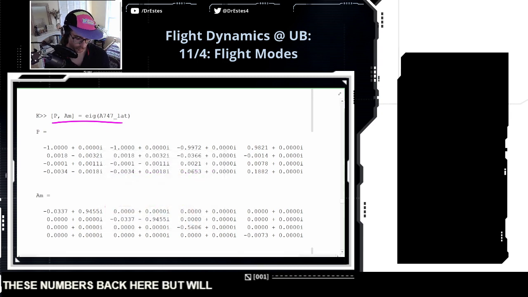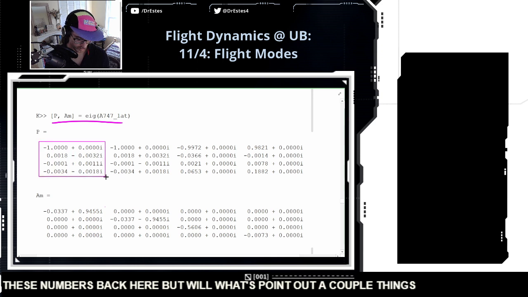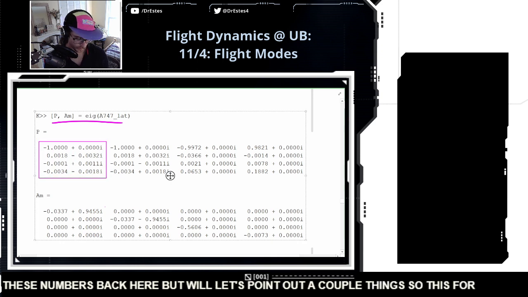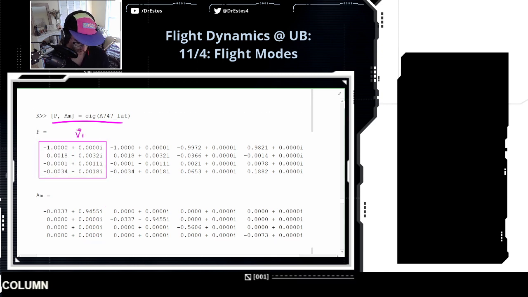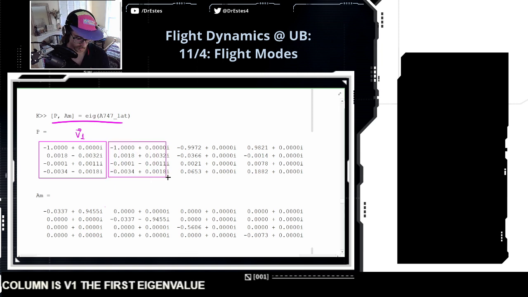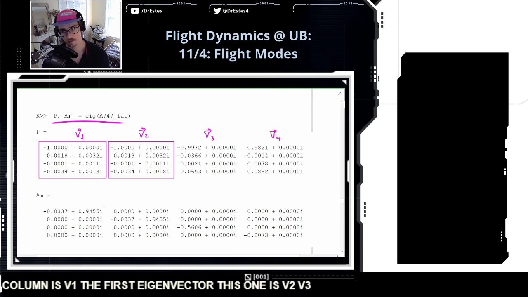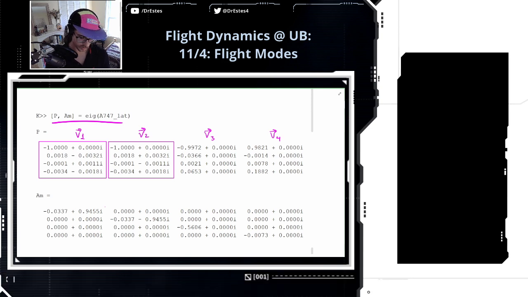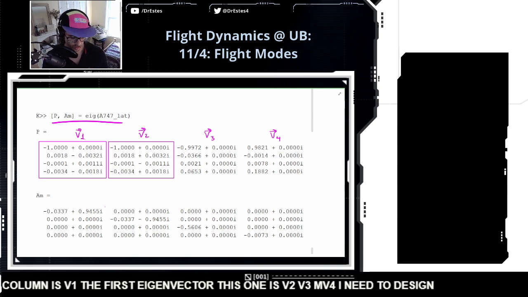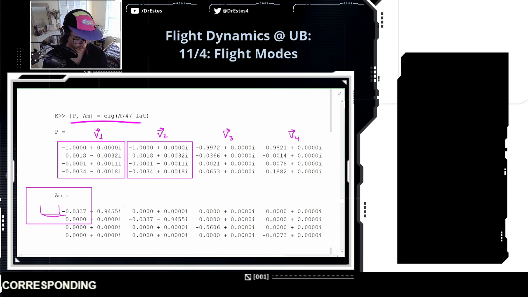But let's point out a couple things. So this first column is V1, the first eigenvector. This one is V2, V3, and V4. And each of these eigenvectors has a corresponding eigenvalue.